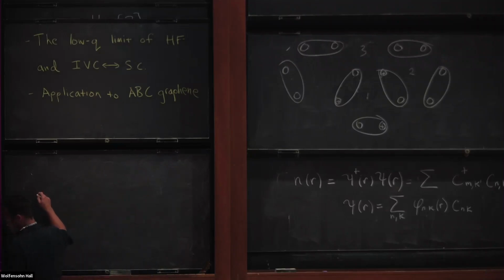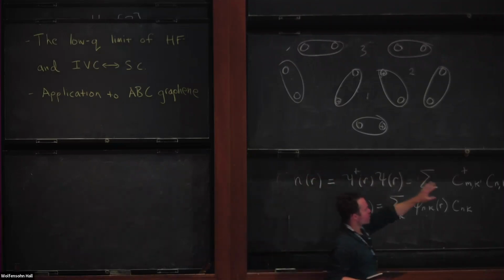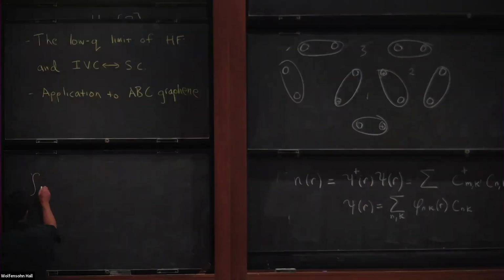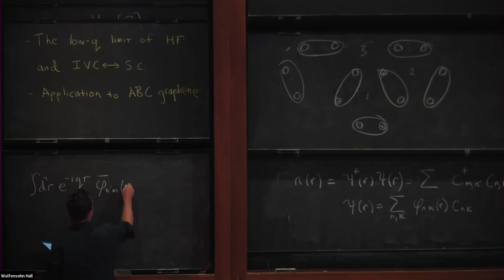So what we would then find is that when we substitute in this ansatz here and take the Fourier transform with respect to r, we're going to need the following quantity, the integral d squared r of the wave functions.